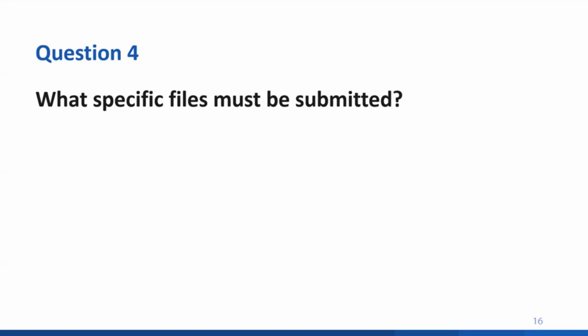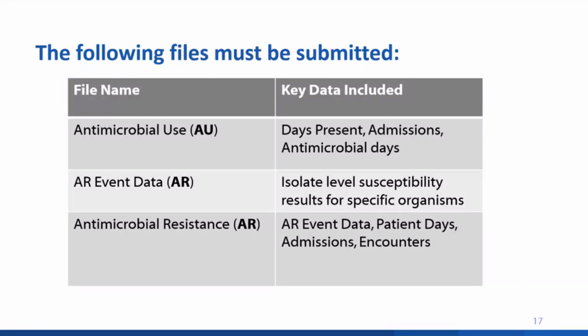What specific files must be submitted? Next slide, please. The following files must be submitted. To submit AUR data, there are 3 different types of files. We have 1 AU file and 2 AR files. The antimicrobial use file includes days present, admissions, and antimicrobial days.